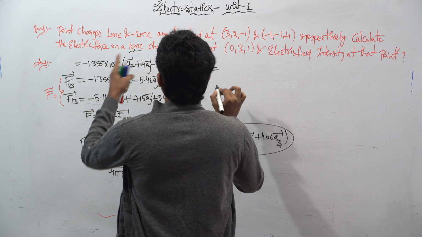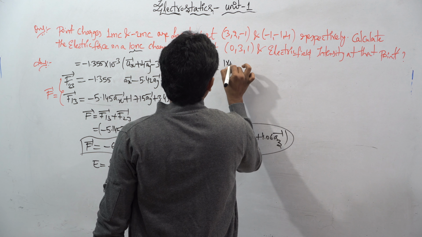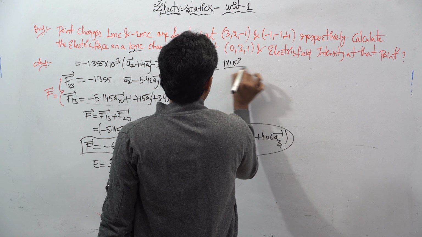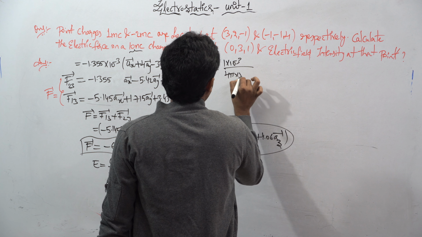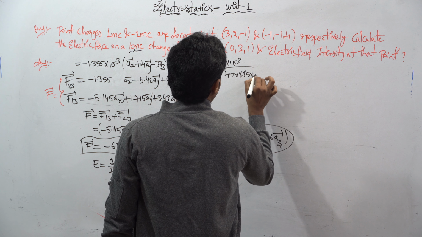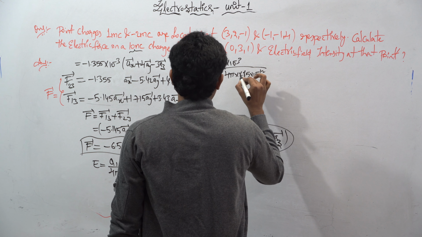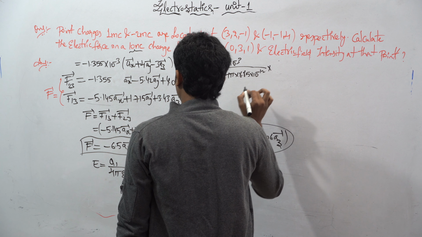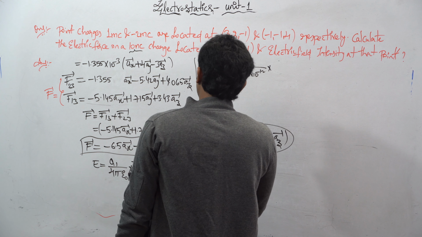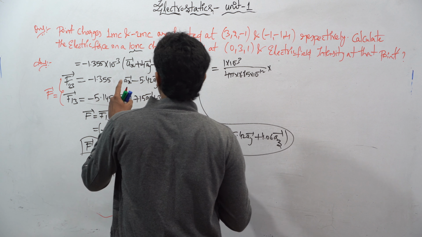What will be our Q1 value? Q1 is 1 into 10 to the power of minus 3, divided by 4 pi into 8.85 into 10 to the power of minus 12, into, how much will you get for AR13 bar?